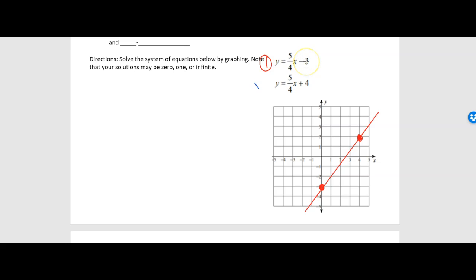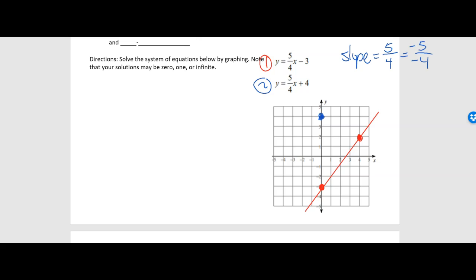The second one in blue. Y-intercept is +4. Slope is the same, 5/4. Now, a little bit of a tangent, but if our slope is 5/4 for blue, that's also the same thing as -5/-4, right?